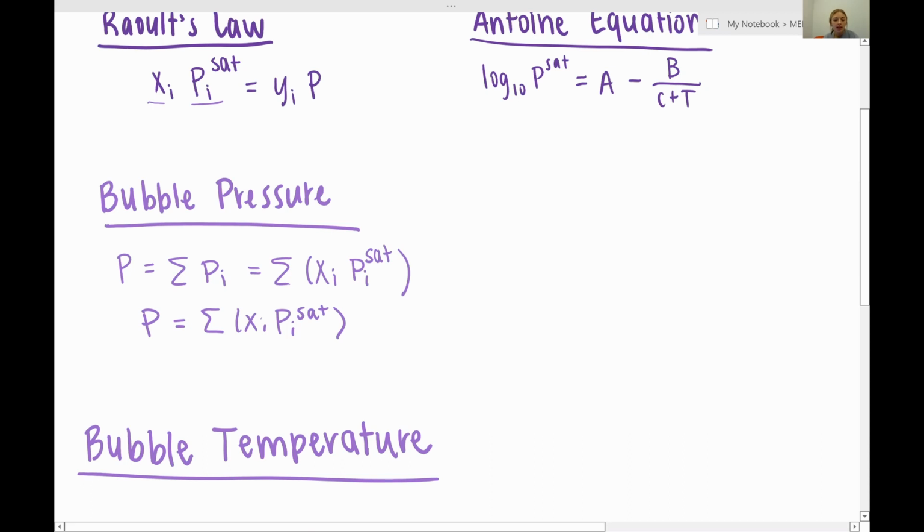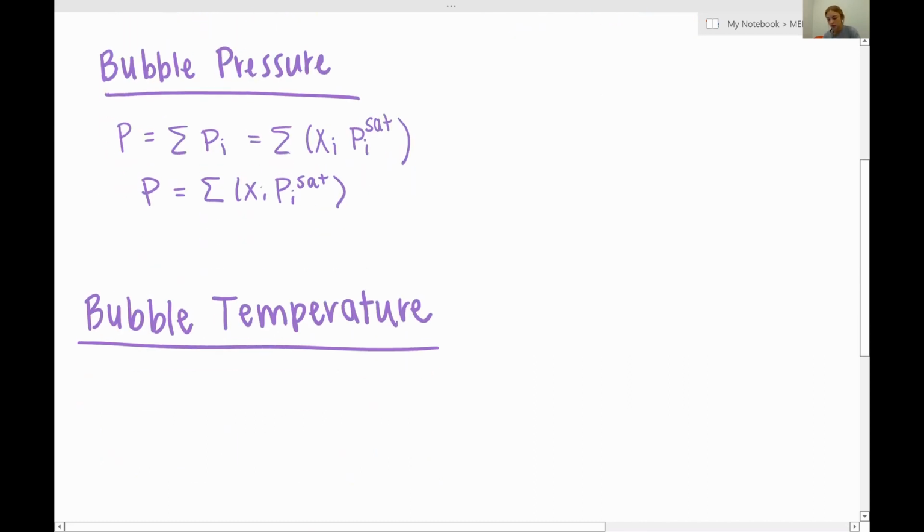So now let's take a look at bubble temperature. We're going to use our equation from bubble pressure to come up with this. So looking at that up here, we'll have our pressure, which we're given our total pressure, so we know that information. And then we also still know our mole fraction in the liquid phase.